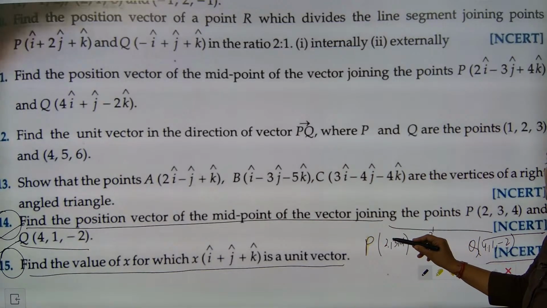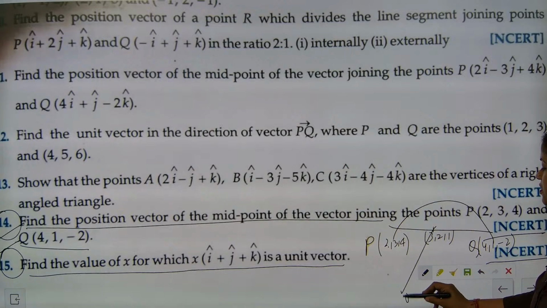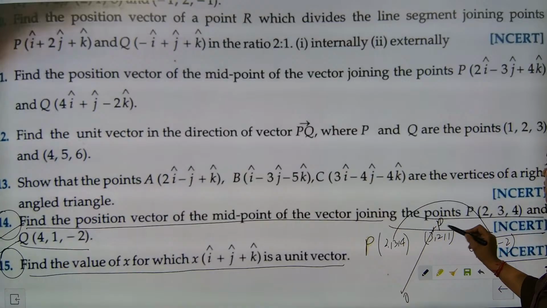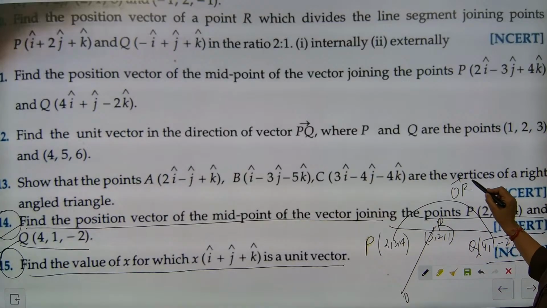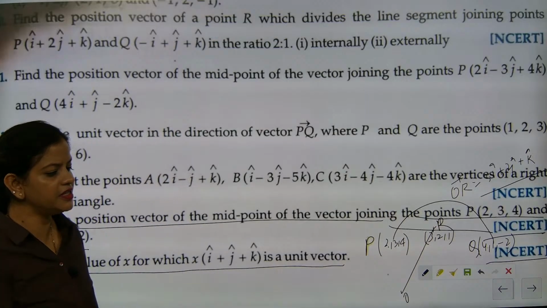Then (3 plus 1) divided by 2, that is 4 divided by 2, is 2. Then (4 minus 2) divided by 2, 2 divided by 2 is 1. So what is the position vector of this point? It can be OP, OQ or OR, whatever. The vector OR will be equal to 3i plus 2j plus k. This will become the position vector. Directly we can drop this and state the answer.